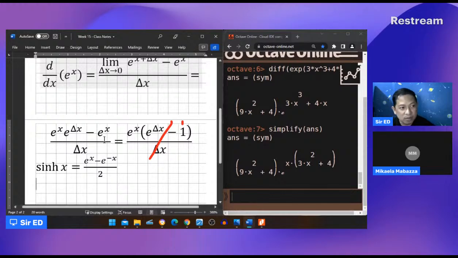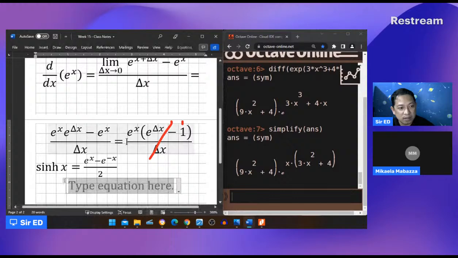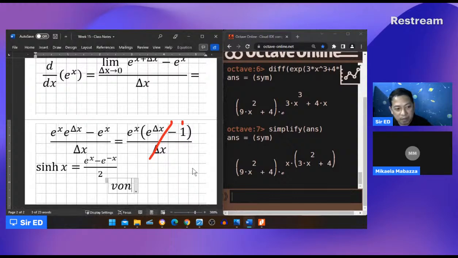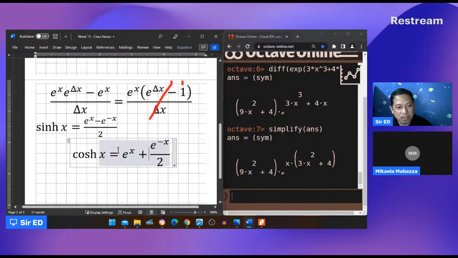And then same as true with your hyperbolic cosine. Okay? Hyperbolic cosine of x would be equal to e raised to x plus, ito naman plus siya, e raised to negative x all over 2. Okay? So that's for your hyperbolic cosine.